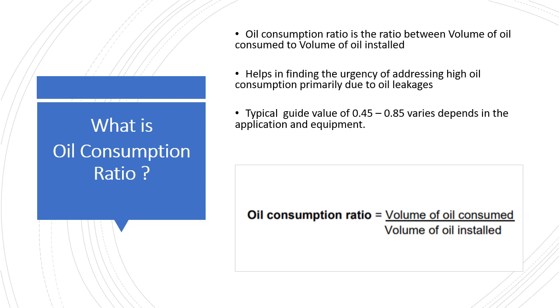So let's say in a typical manufacturing environment setup, the guide value for the oil consumption ratio varies from 0.45 to 0.85. That depends upon the machine, the application and the environment it works in. So we can say the guide value is between 0.45 and 0.85.